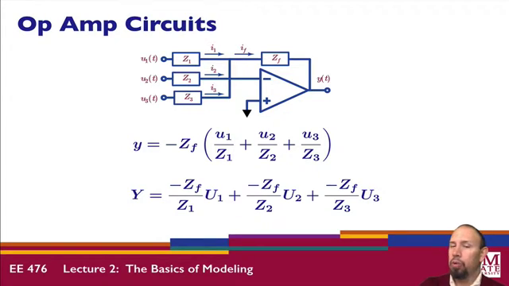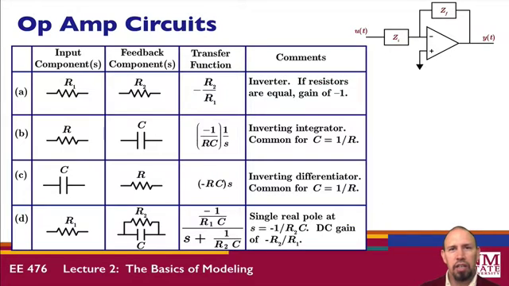And so depending on what we choose, we can get different kinds of circuits appearing. So if we now restrict ourselves to a single feedback element and then an input element, then we would have these possibilities. Okay, so we have the input component Zi, the feedback component ZF, and we get a transfer function.